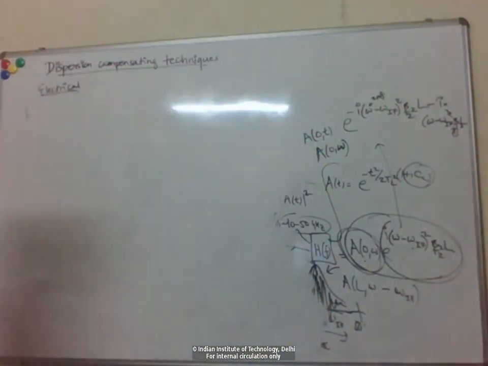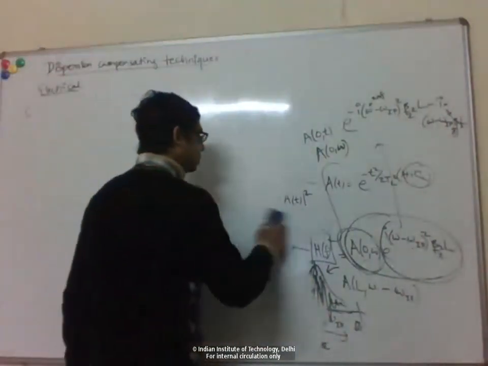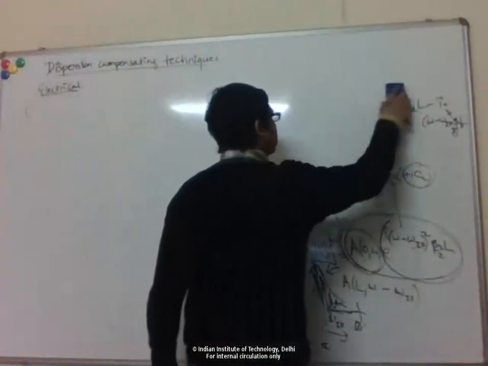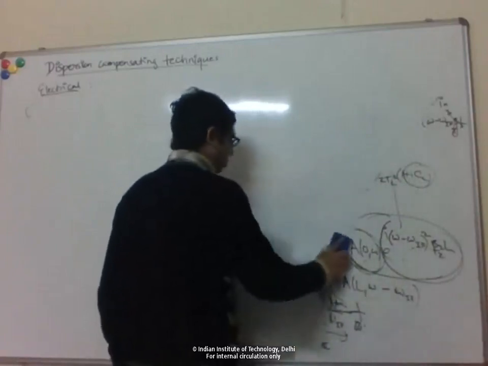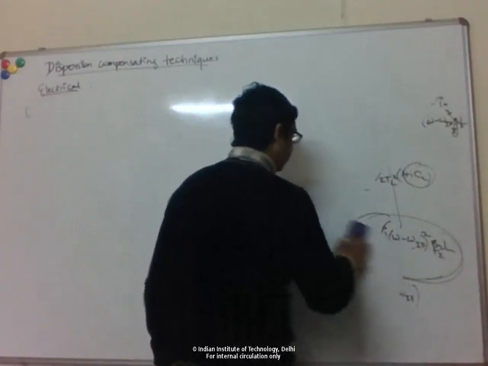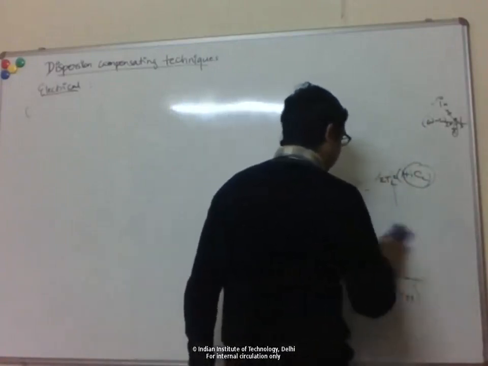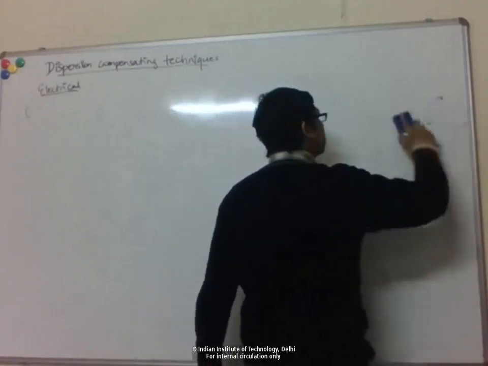So we also saw that if you start out with a chirp which is opposite in sign to the one that the fiber is introducing, then the fiber will reduce the effective chirp, right? And the pulse will actually compress until some point where the chirp goes to 0, and then beyond that it will start broadening.